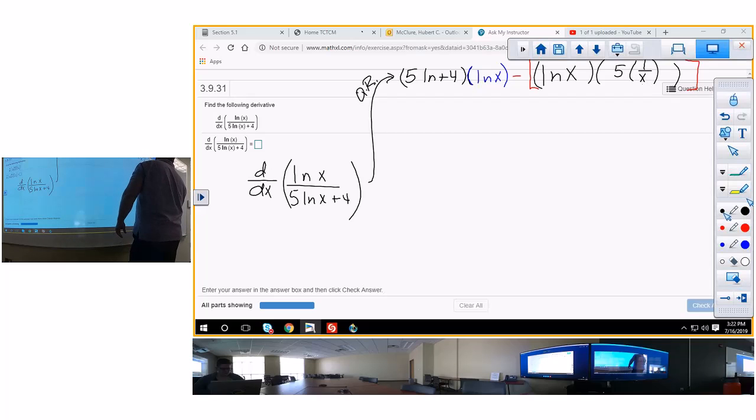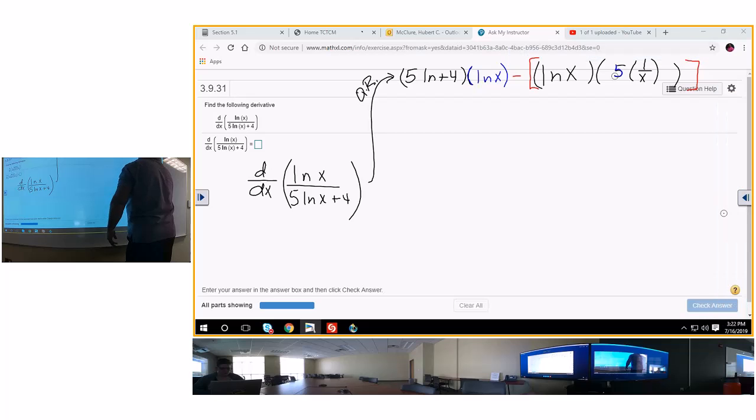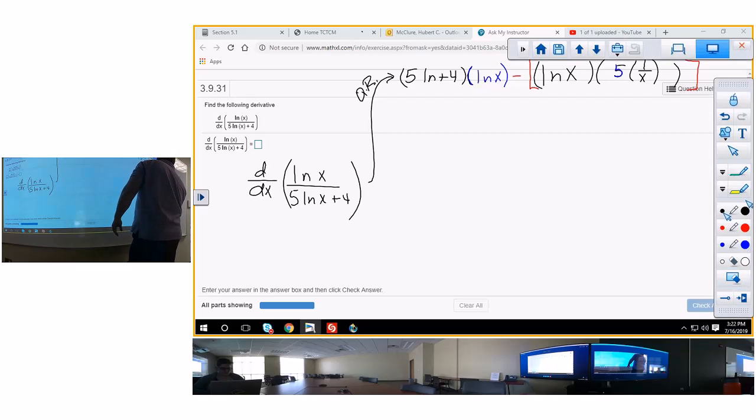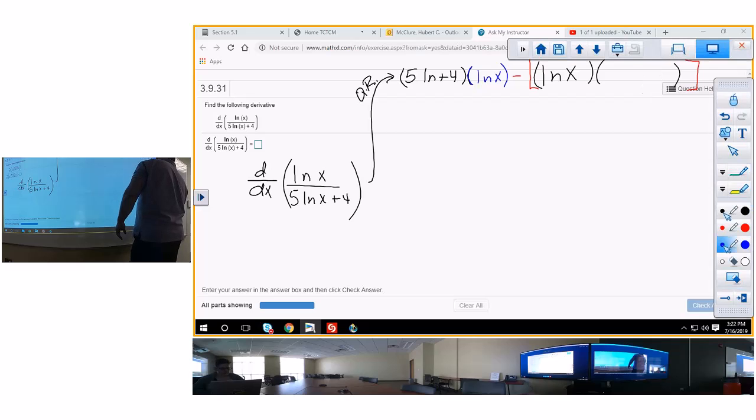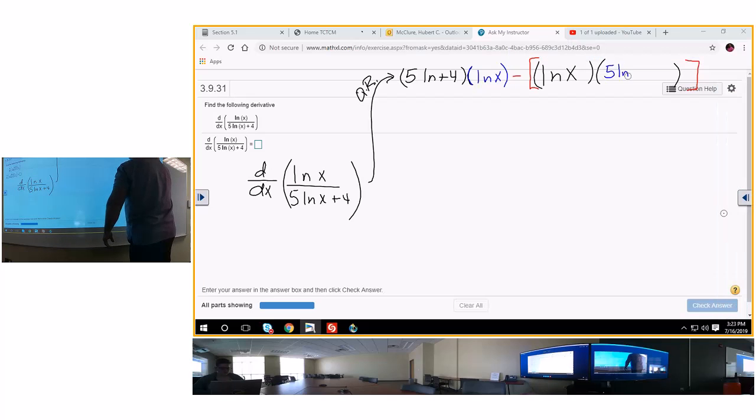Oops, got my blue. Let me write it in blue. So that's going to be 5 natural log of x plus 4.